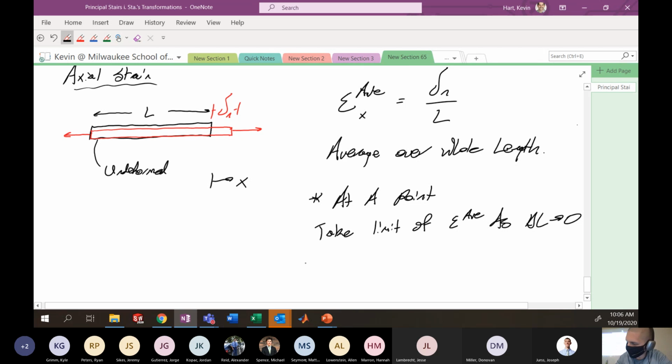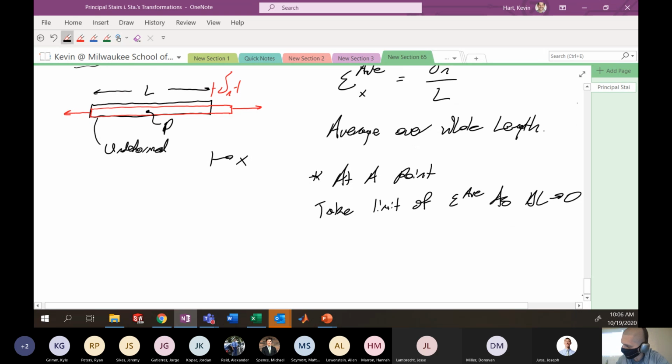So the expression that you might see there is, let's say you have some arbitrary point here on the bar. Let's call it point P. Then the strain generally at point P, in this x direction, is the limit as this value of L, let's just call it L, not delta L, goes to 0 of this delta N on L. Or you might see this written as something like the change in delta N. So this is delta N, a little bit weird.